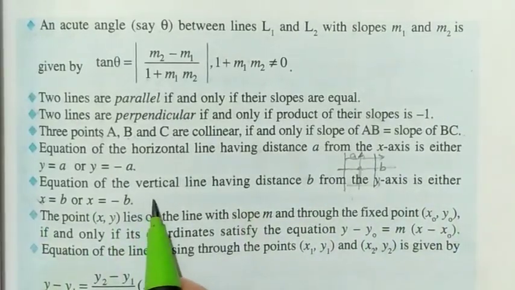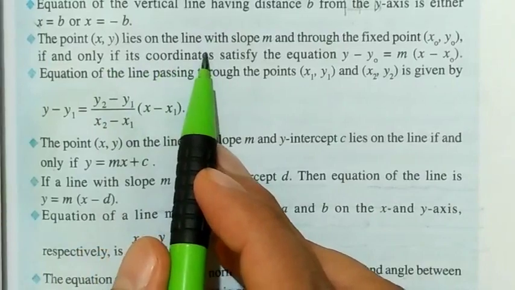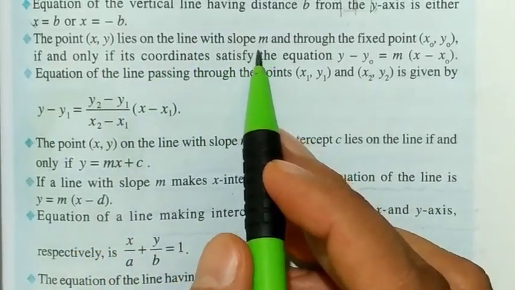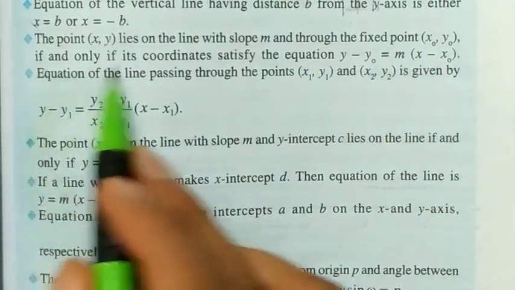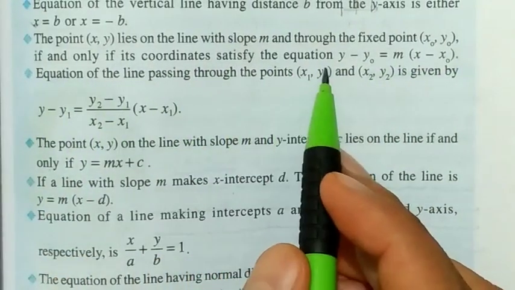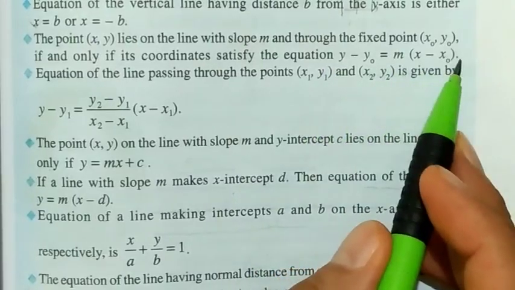Next point, the point (x, y) lies on the line with slope m and through the fixed point (x naught, y naught) if and only if its coordinates satisfy the equation y minus y naught equals m times (x minus x naught).